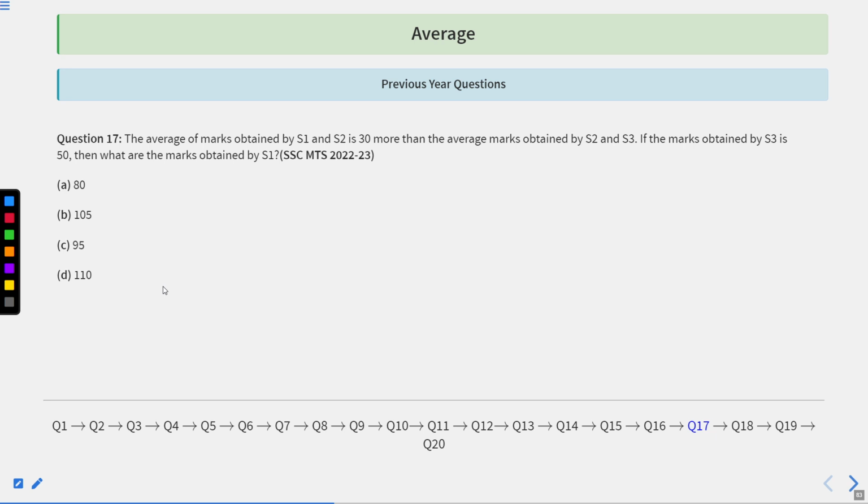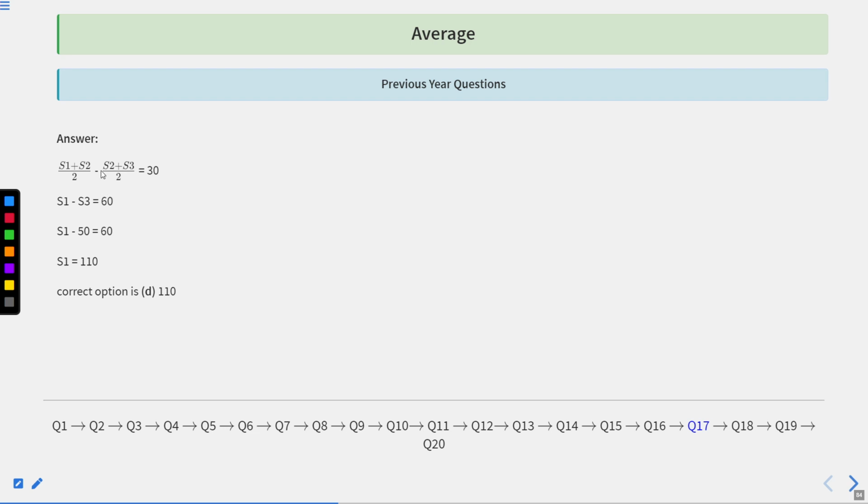So let us move ahead to problem number 17. The average of marks obtained by S1 and S2 is 30 more than the average marks obtained by S2 and S3. If the marks obtained by S3 is 50, then what are the marks obtained by S1?